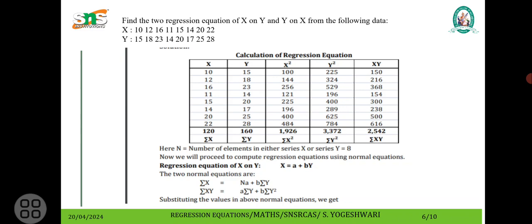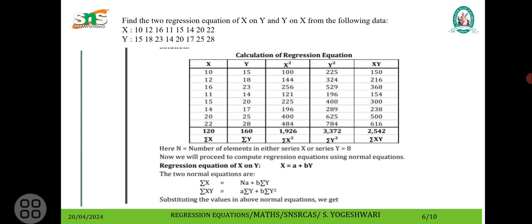Now we will proceed to compute regression equations using normal equations. Regression equation of x on y: x is equal to a plus by. The two normal equations are summation x equal to n into a plus b into summation y, and summation xy equal to a into summation y plus b into summation y square.